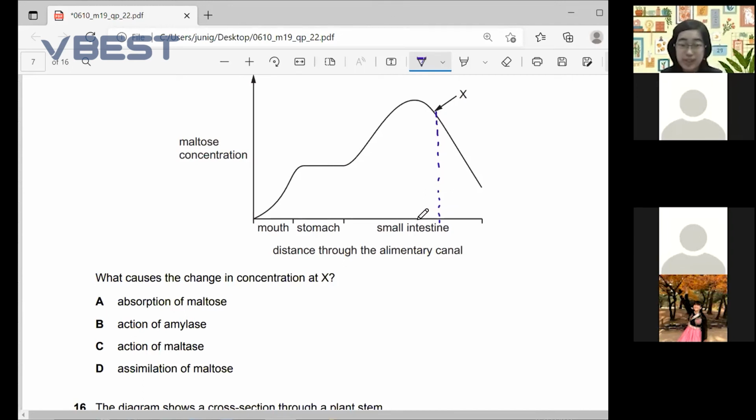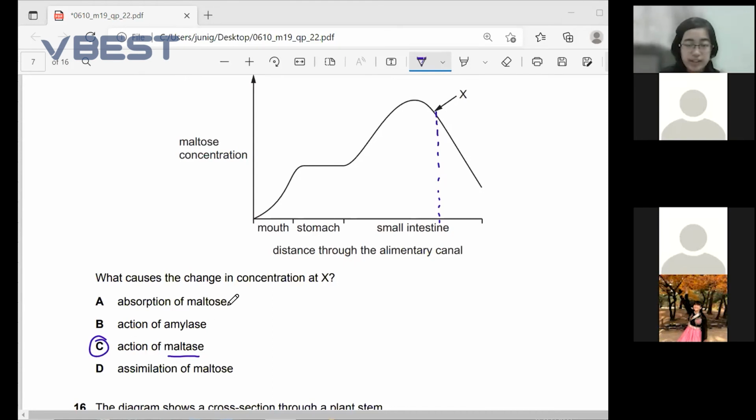The only reason why the concentration of maltose could be dropping is maybe because it's being digested into glucose. So it's being broken down. Broken down by what? Maltase enzyme. The other ones like absorption of maltose, no, because that would actually decrease the concentration differently.